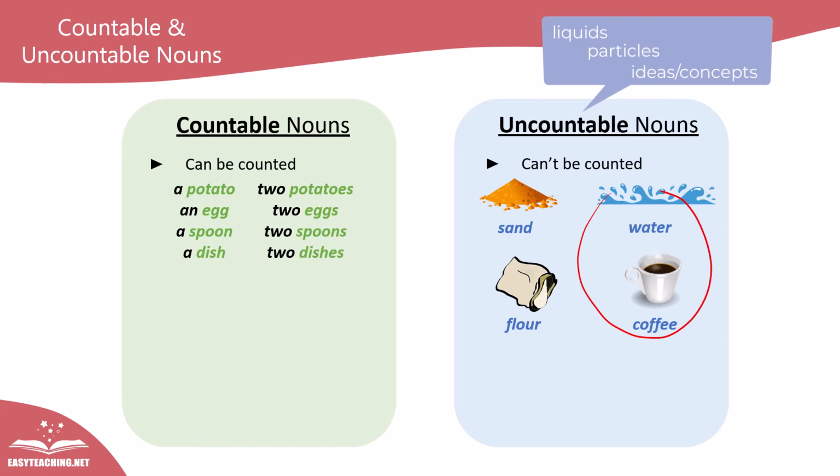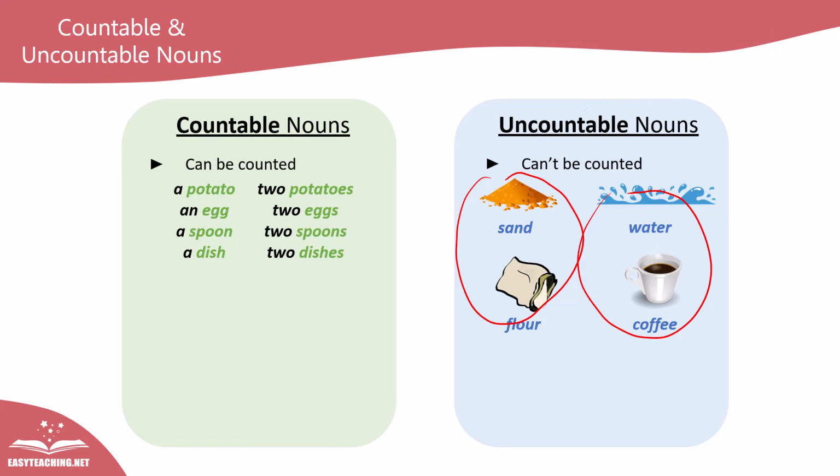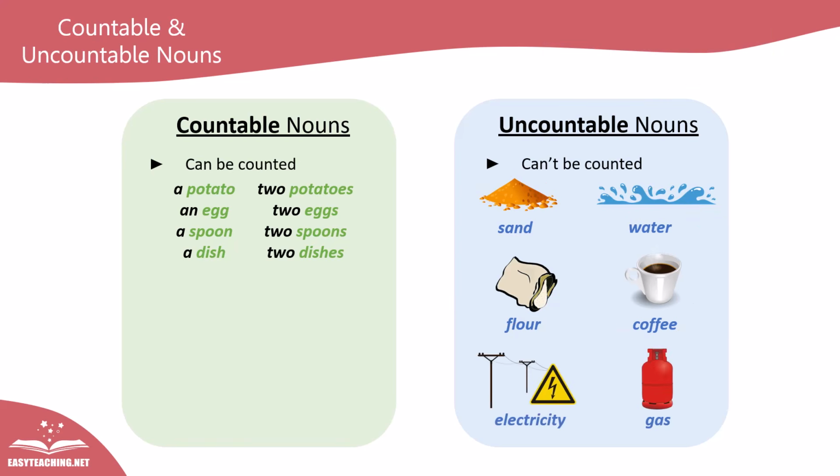Coffee and water are liquids. Sand and flour are particles or powders. Liquids and powders are difficult to count. Here are 2 more nouns that are difficult to count: electricity, gas. These nouns are all difficult to count because they don't have clear limits.